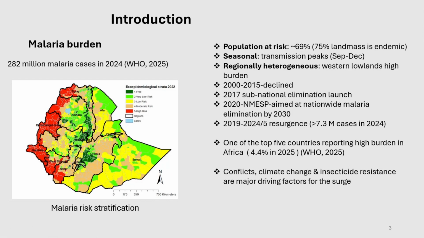This burden is assumed to be contributed by different factors. Conflict and instability and climate change are assumed to drive it. Another factor is insecticide resistance, which limits the efficacy of vector control and is also assumed to contribute to this burden of malaria.